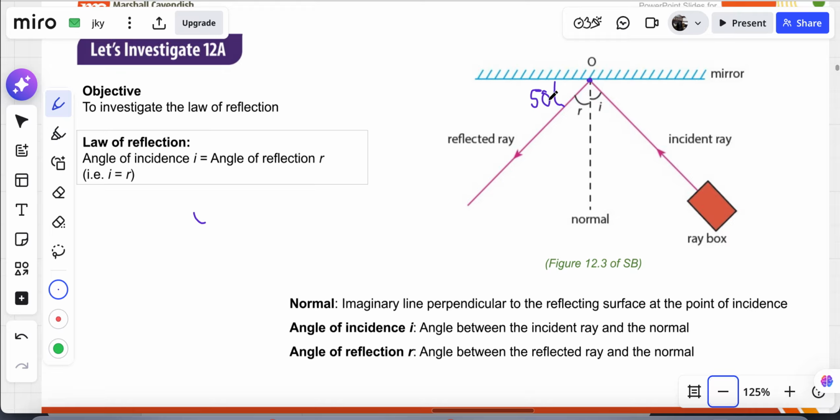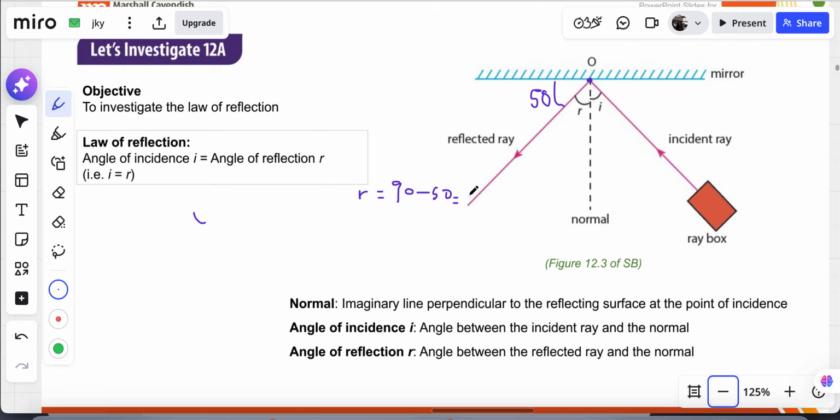So first of all, calculate the reflected angle. Since it's perpendicular, you say 90 minus 50, and you get 40, right? So R equals 90 minus 50, which is 40.